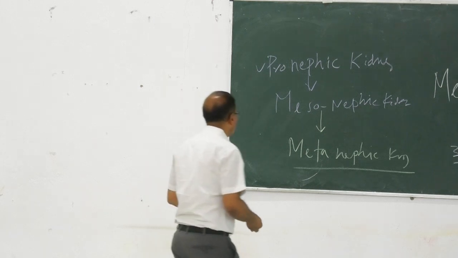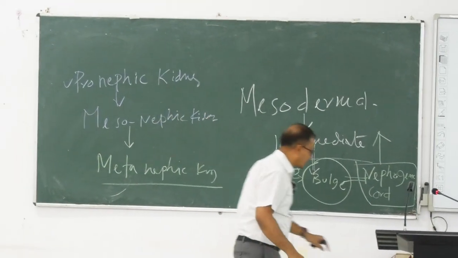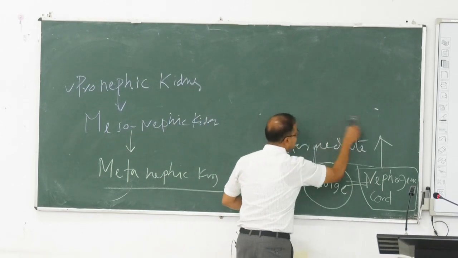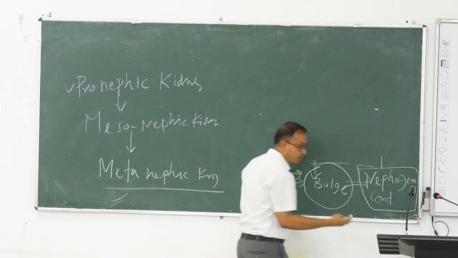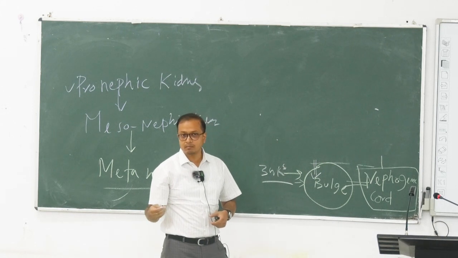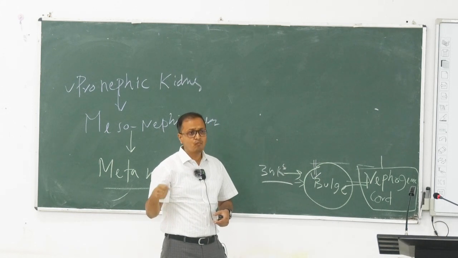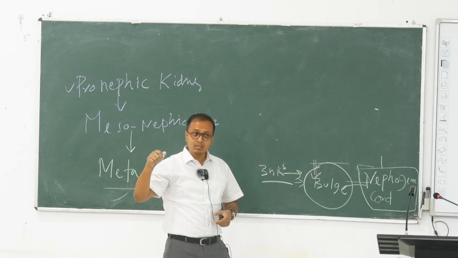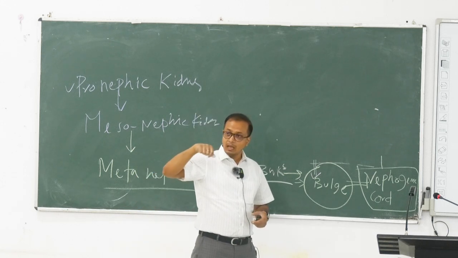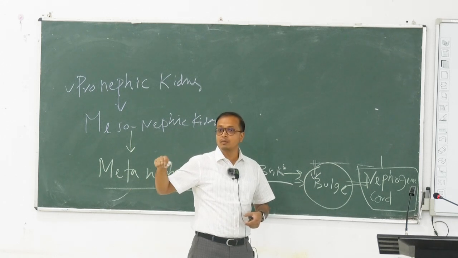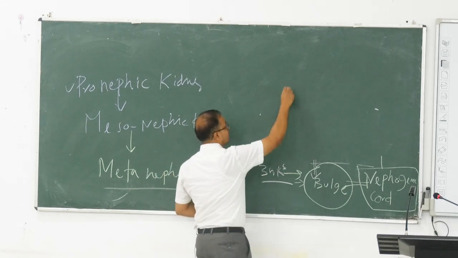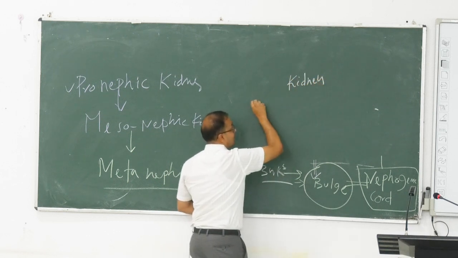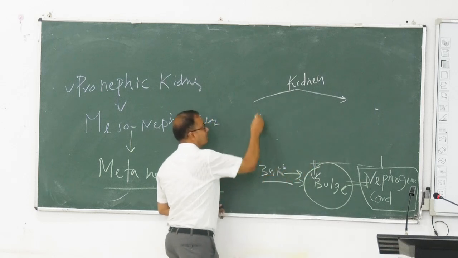Whenever we talk about the kidney, we see that the kidney has two systems: an excretory system and a collecting system. Something is manufacturing the urine, which is the excretory unit, and once the urine is produced, it is collected and reserved in a part, which we call the collecting system. So the kidney has two basic fundamental parts.